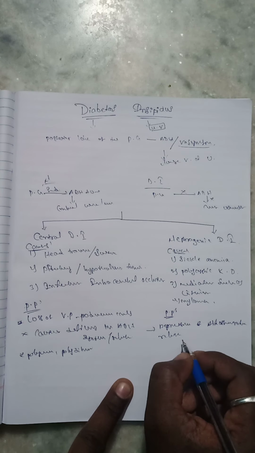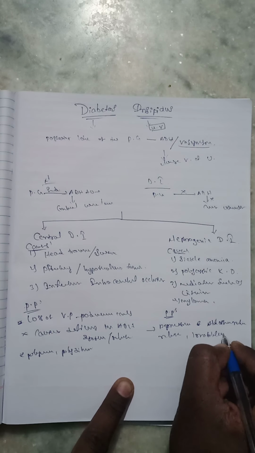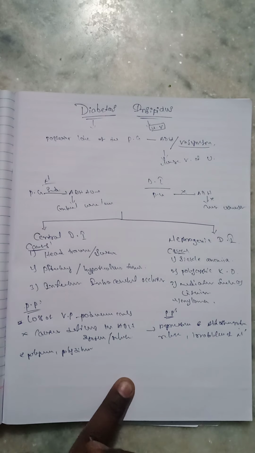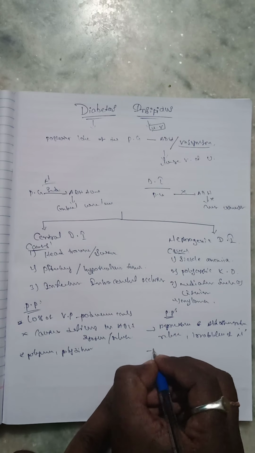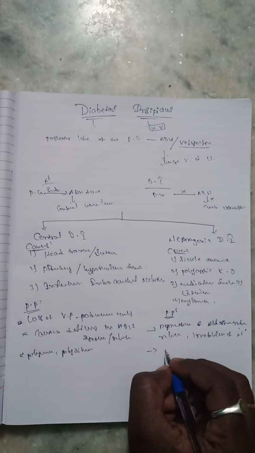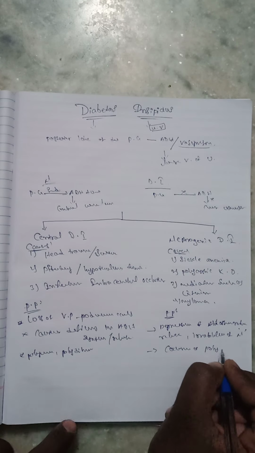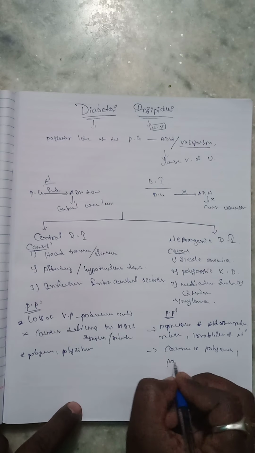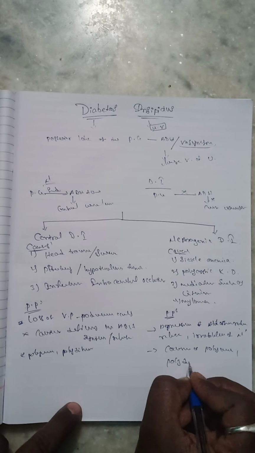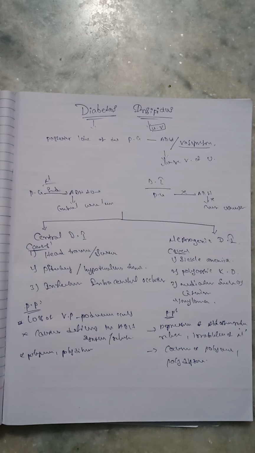And irritability of the nephrons to respond to the ADH. Irritability of the nephrons. And the next one, causing polyuria and polydipsia. It leads to the nephrogenic diabetes insipidus.